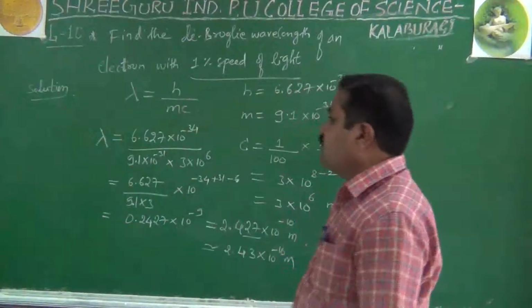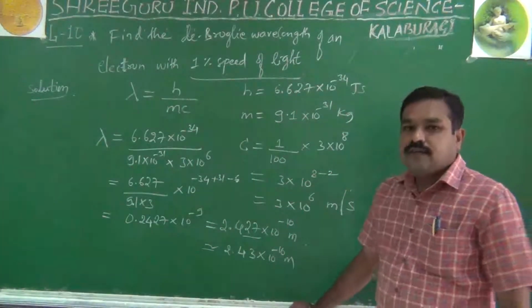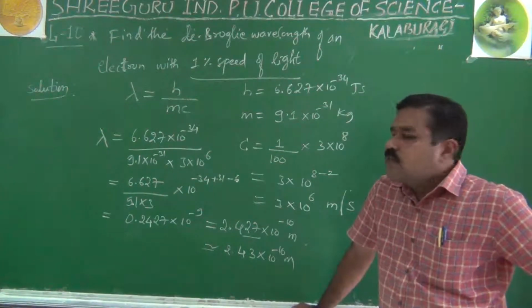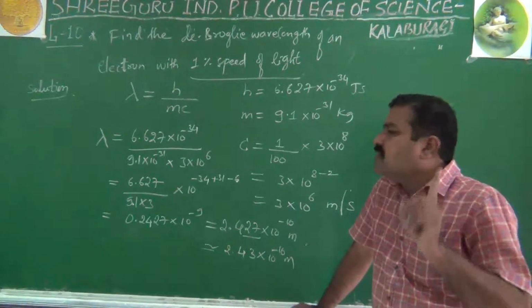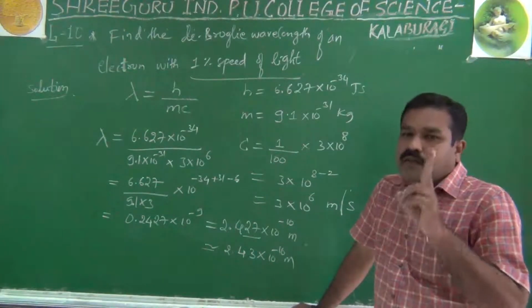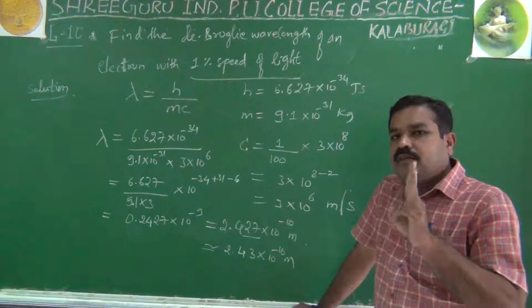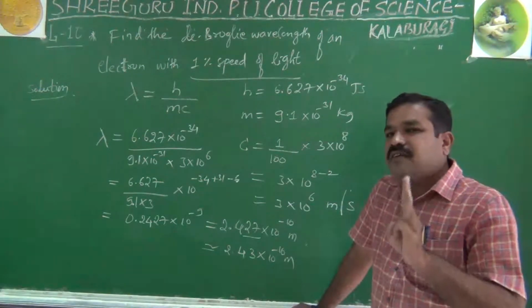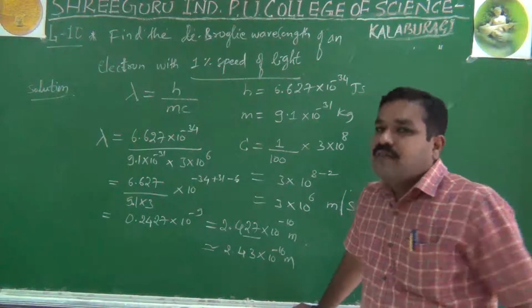So students, in today's class, continuing yesterday's problems, we have learned how to calculate wave number nu bar, then wavelength lambda, then frequency nu, especially on spectral series using the Rydberg equation.